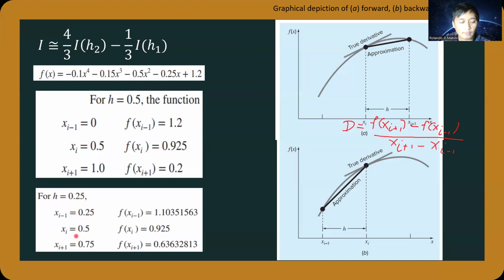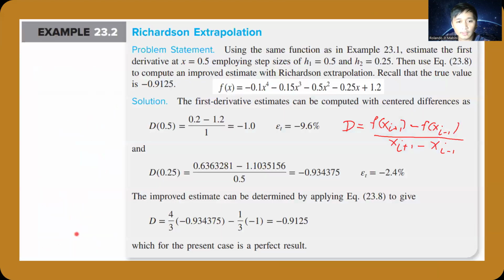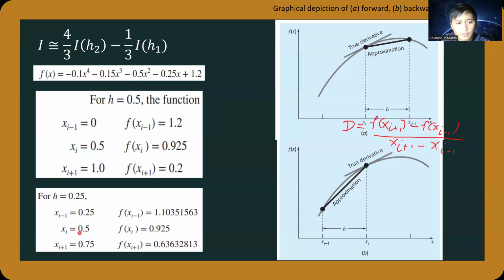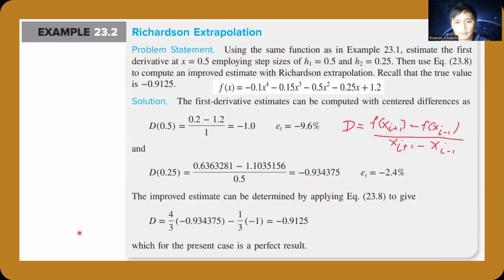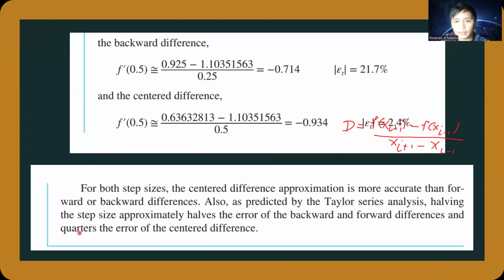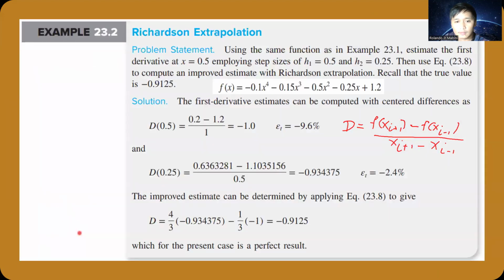So we have the value of 0.93. The D of, since these values here, this is D of 0.25.